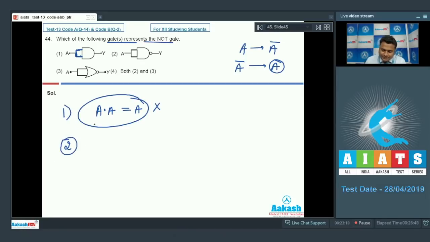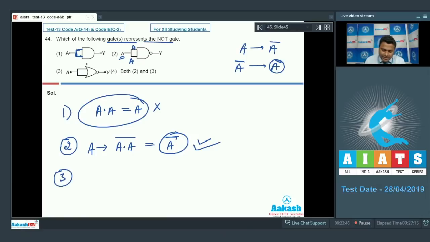Option number 2, let us check. You are providing here A, two inputs going through a NAND gate. So A dot A whole complement gets you A complement. Now you have given the input A, but after that you are getting A complement. So 2 is correct.